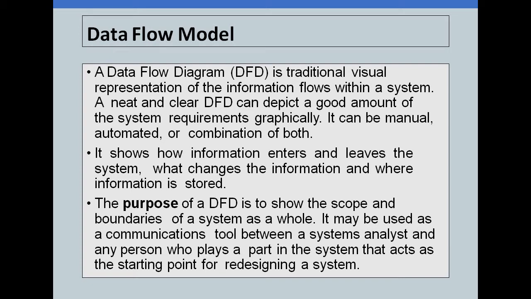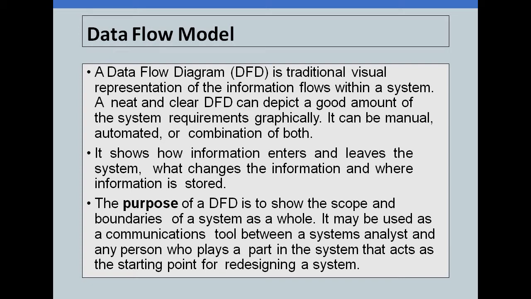A DFD shows how information enters and leaves the system, what changes the information, and where information is stored.